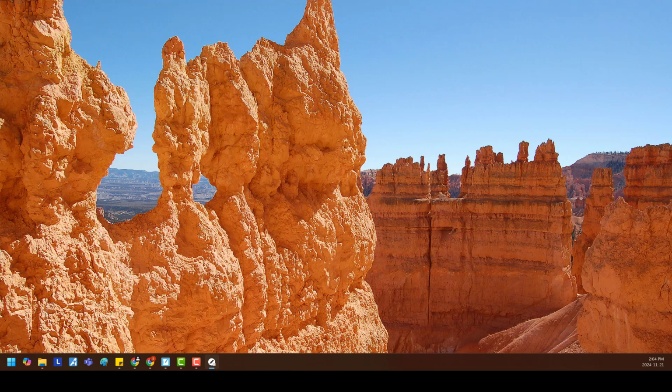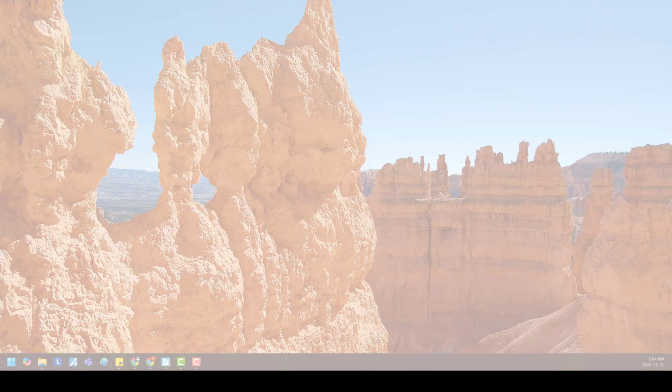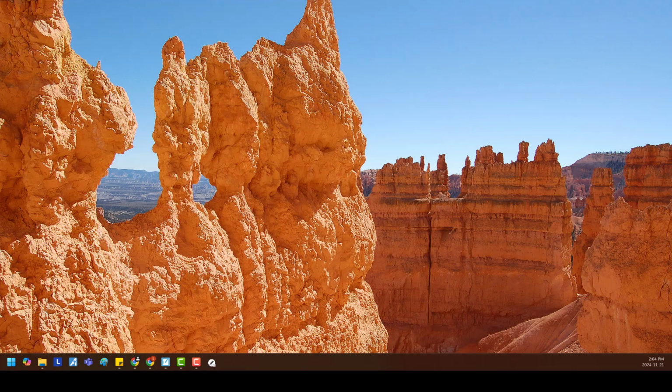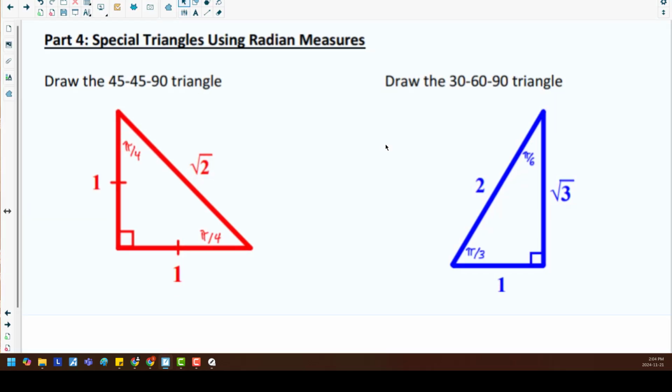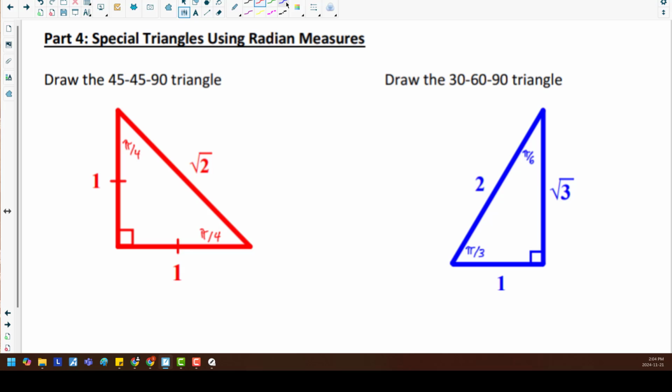Oh, okay. This is important. Special triangles. Hopefully you remember this from grade 11. If you remember, there were 2 special triangles with 3 different angles.